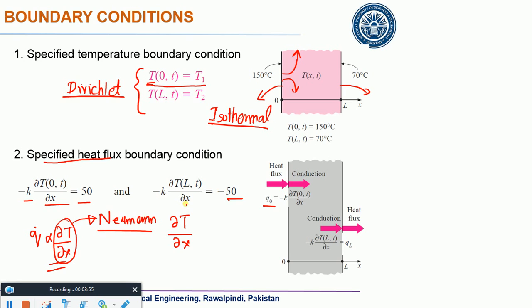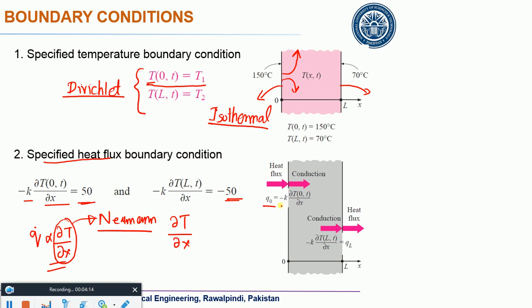Now if you see these kind of boundary conditions, I am just talking about it from the analytical point of view. If you look at these numbers 50 and minus 50, do you think that there is some kind of energy storage within the volume?